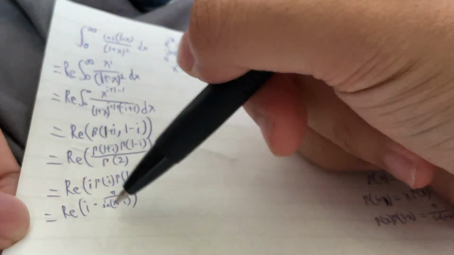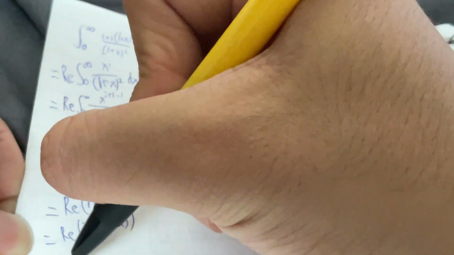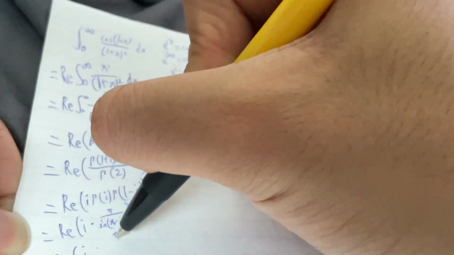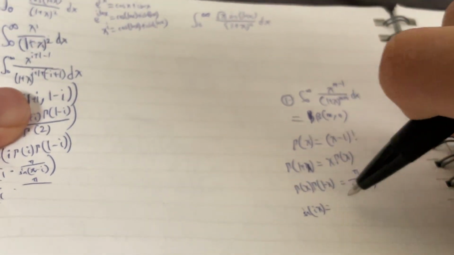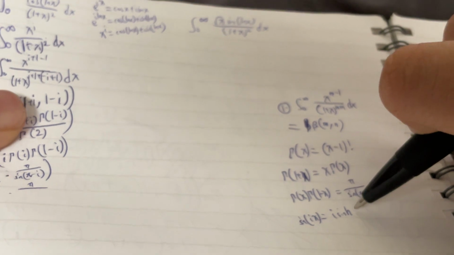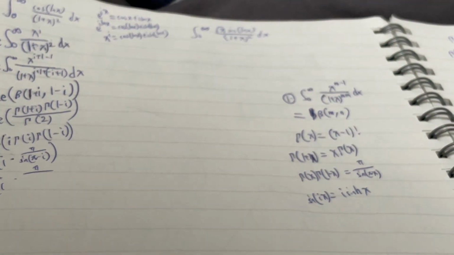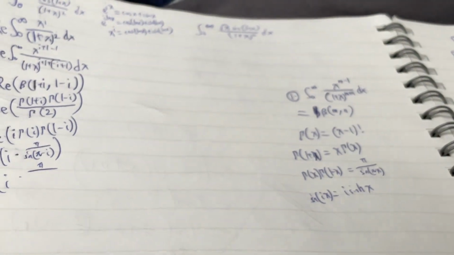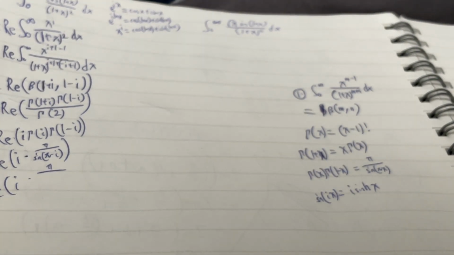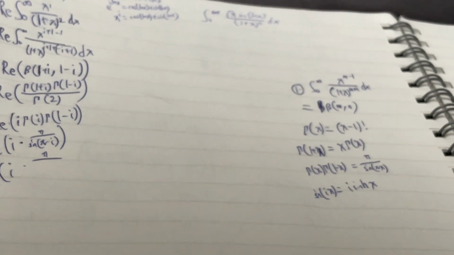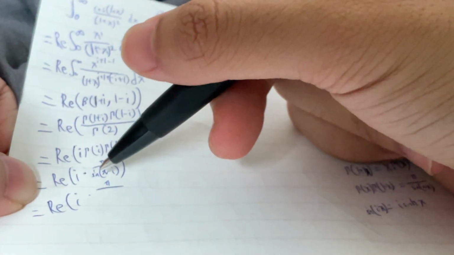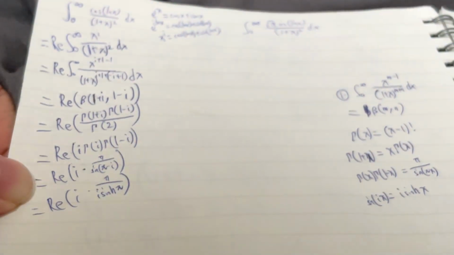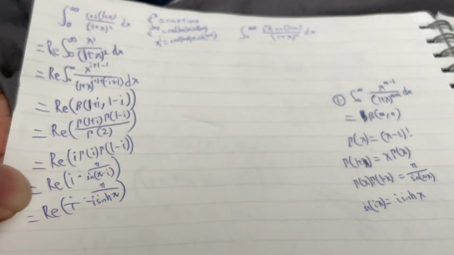So sin of pi i, you can change this into the identity sin of ix is equal to i times sinh x, which sinh is the hyperbolic sine function. So you get i times sinh pi here. So this i and i, they cancel each other out.